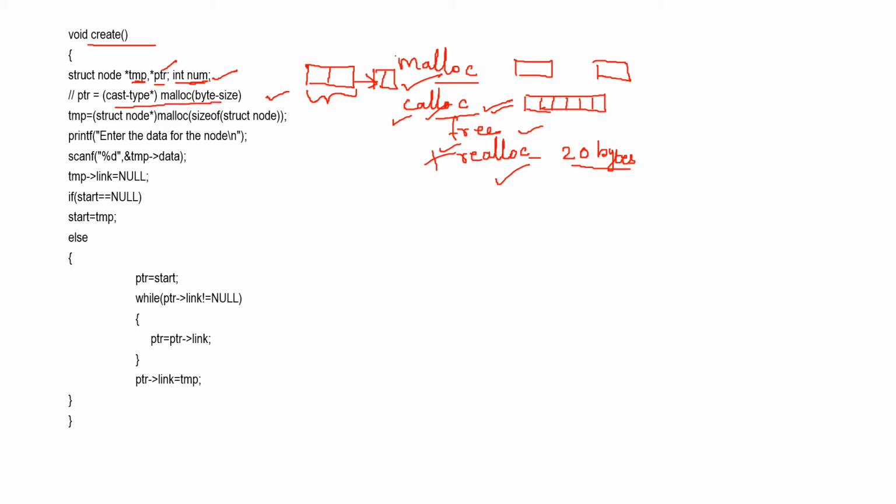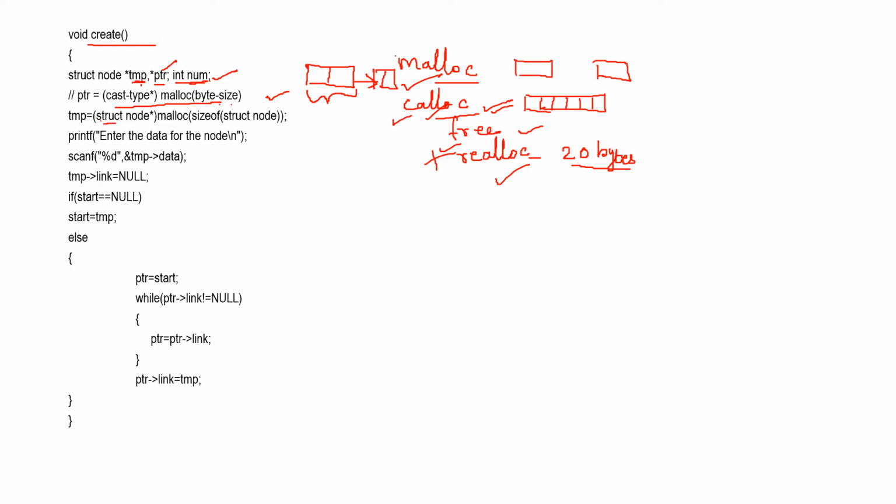This is the syntax for malloc: cast type, then malloc, and you have to mention the byte size. Here I'm going to make use of a temporary pointer, so temp is equal to cast type.